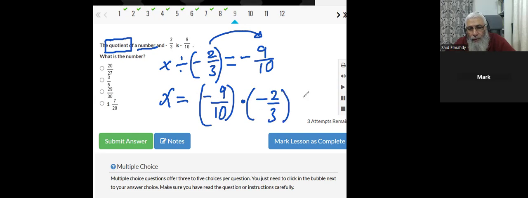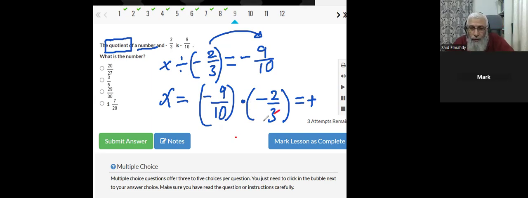Negative multiplied by negative is positive. We can simplify before multiplying. 3 and 9 can be simplified, and 2 and 10 can be simplified.